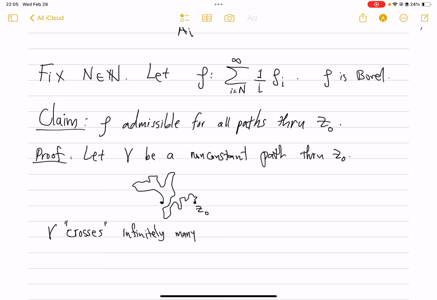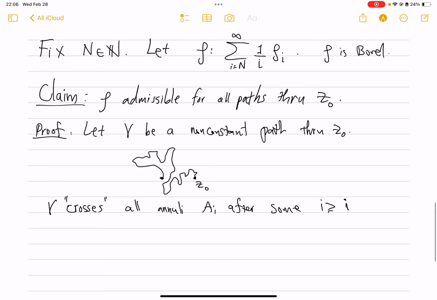I want to say more than just that: it crosses all annuli A I after some I bigger than some number, I gamma. So this index depends on gamma, but every curve you pick will cross over infinitely many of these annuli after some threshold.